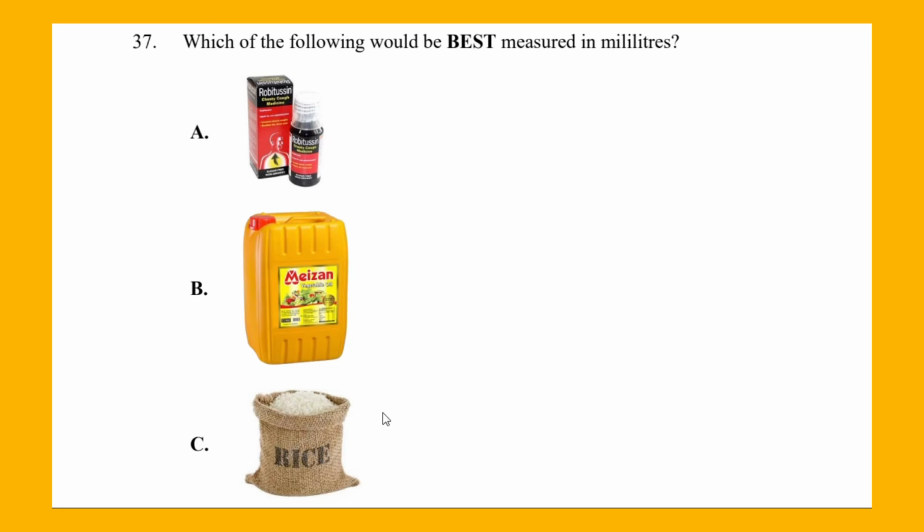We know we do not measure rice using liters or milliliters. So that is out. This big bottle of vegetable oil would not be measured in milliliters. It would definitely be measured in liters. So this is out. So we are left with the medicine, which would be measured in milliliters.